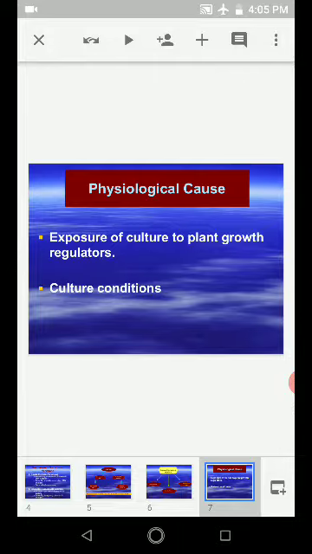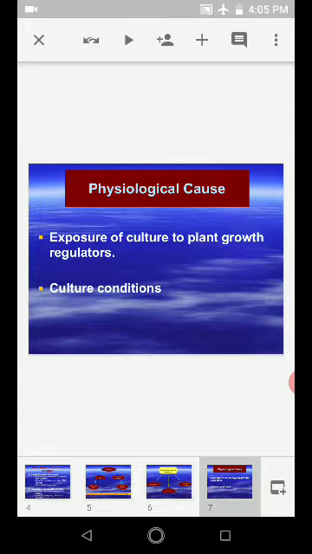So we expose this plant tissue to various growth regulators: auxin, cytokinin, gibberellic acids. These growth regulators directly affect the DNA, because the role of growth regulators is to increase the rate of cell division, and hence they generally act on DNA, and while acting on DNA, these growth regulators bring about a mutation in its genetic makeup.